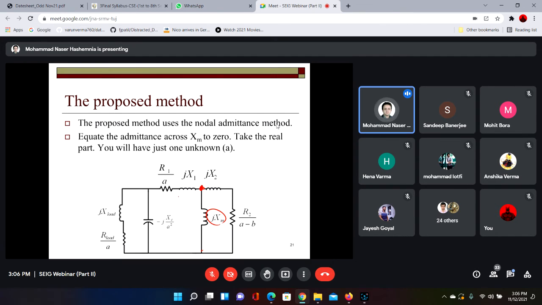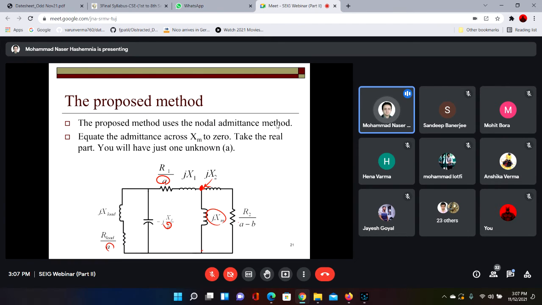So let's equate the conductance of the air gap node to 0. What can affect the value of the conductance of the air gap node? Just A. Do you agree?